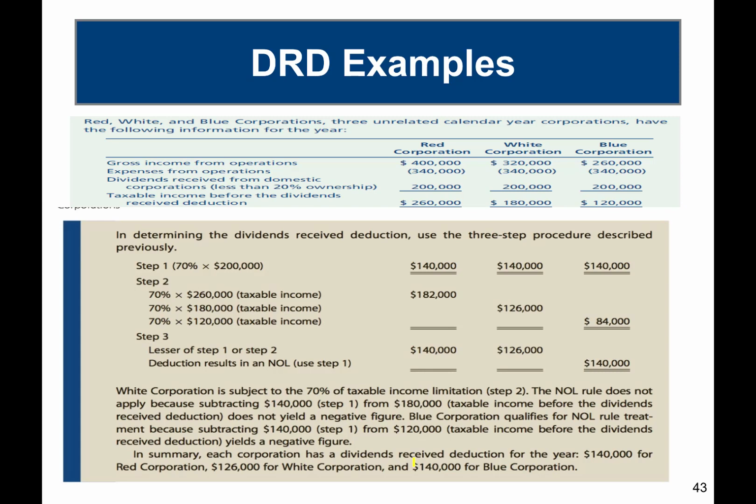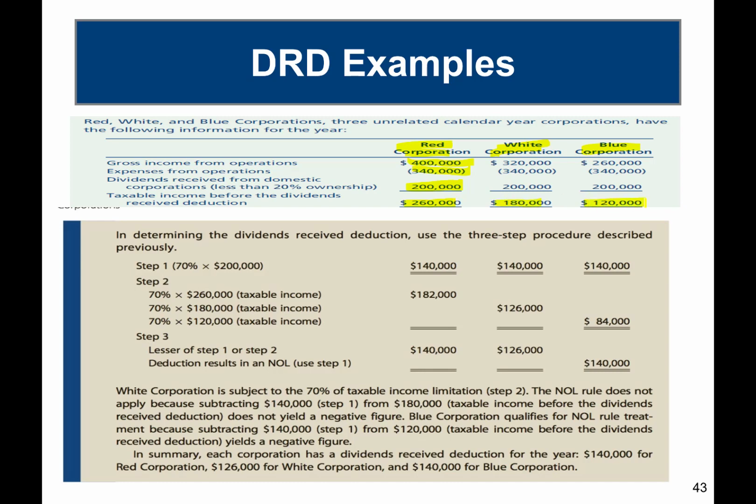We have Red Corporation, White, and Blue Corporation. They have 400,000 gross income from operations, expenses from operations, and then we take the dividends received, which is 200,000, giving 260,000, 180, 120.